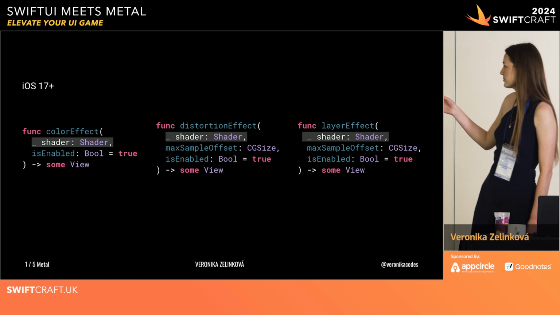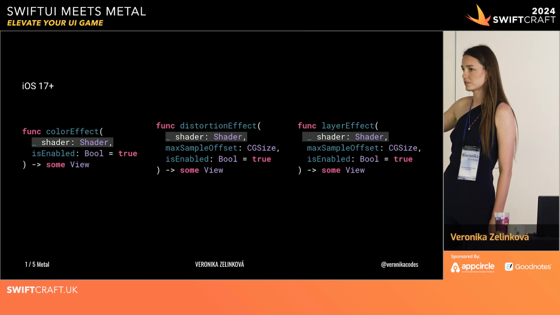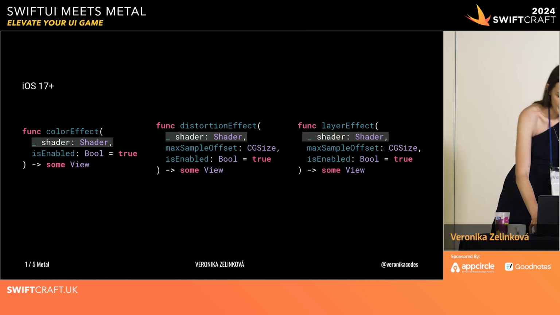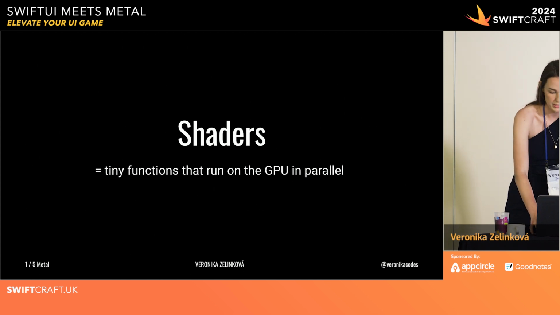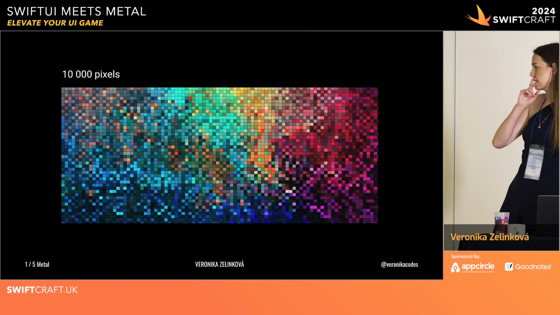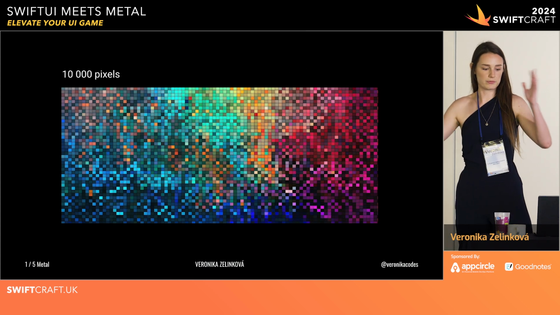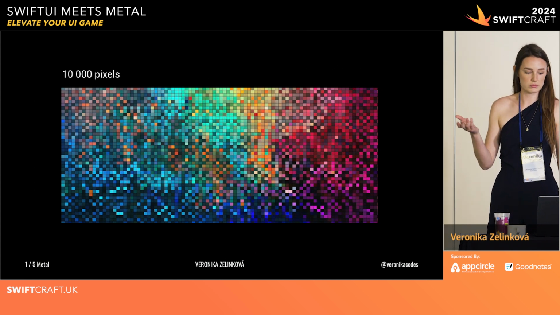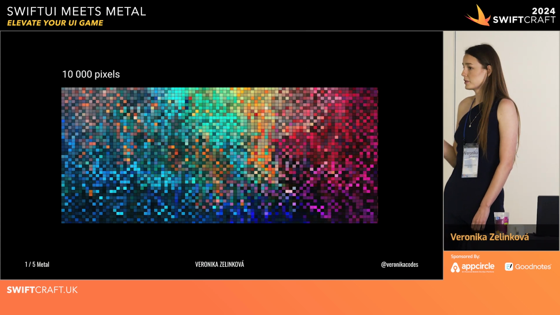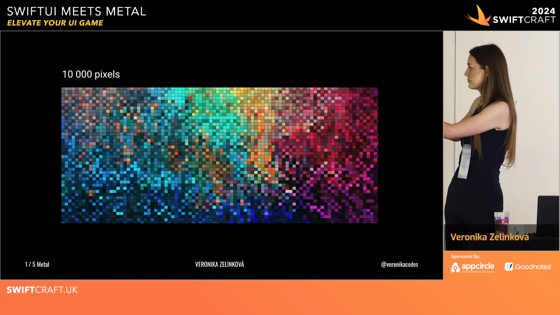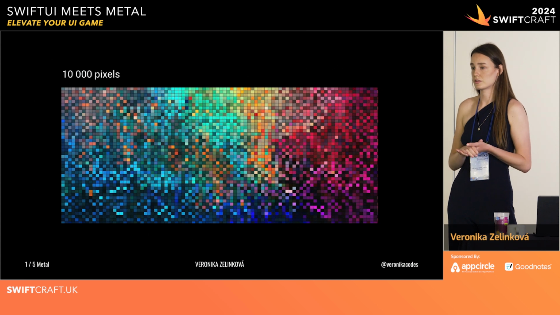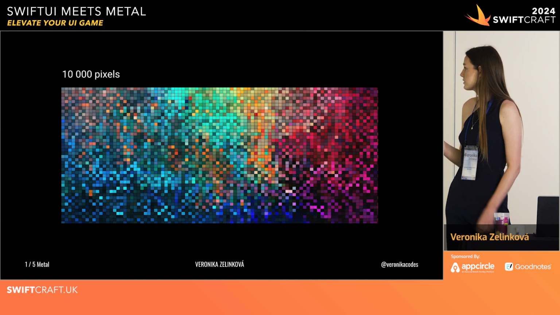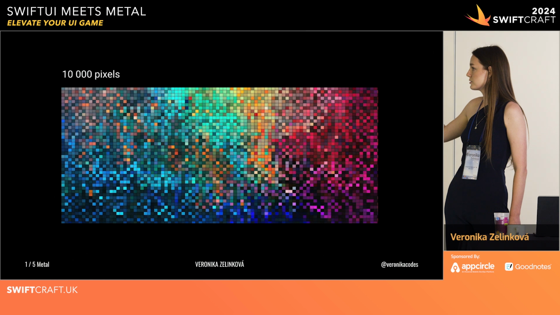As you can see, we are here passing an argument called shader. And what are shaders? Shaders are basically tiny functions that run on the GPU in parallel. Let me explain it with an example. If you have a texture with around 10,000 pixels, normally to color this texture with some random color on the CPU, you would probably write a for loop and color the pixels one by one.